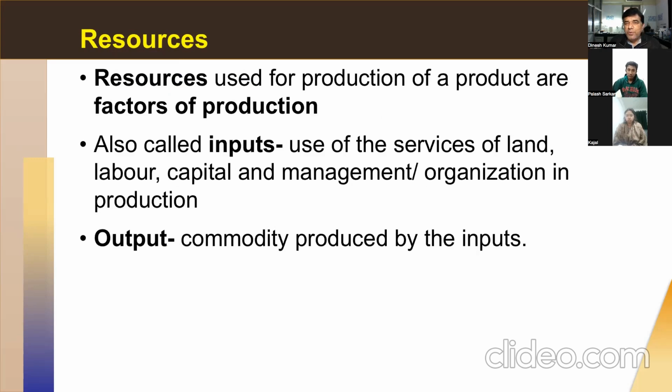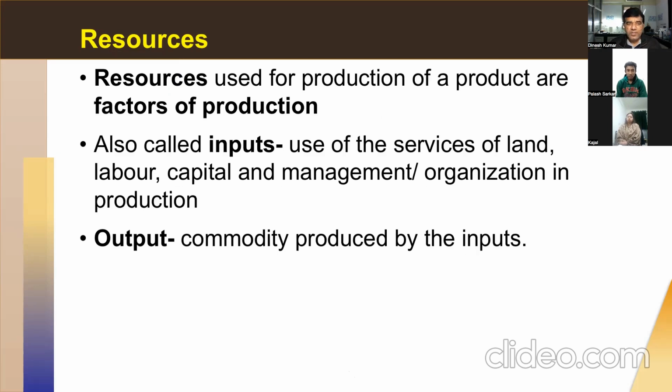Now, coming to inputs or resources, I have already discussed this in principles of crop production, but just to refresh your memories, you can see it. Resources used for production of a product are factors of production, also called inputs. Use of the services of land, labor, capital, and management or organization in production.